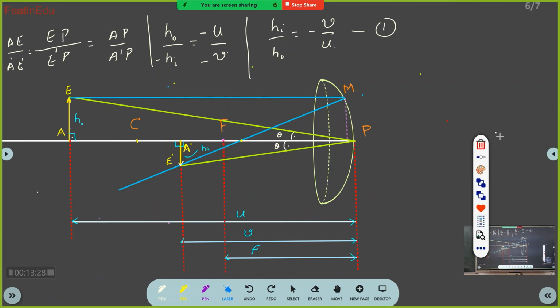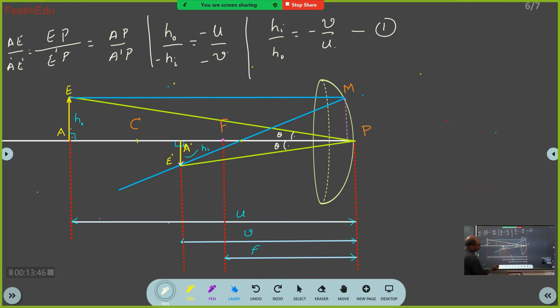Understood? So now watch out, all of you. Now here you have got F, C, M, P. You can see I have drawn one line here. Can you see that? Yes, sir. Now here I will make this point P. Now you see, the mirror is like this.